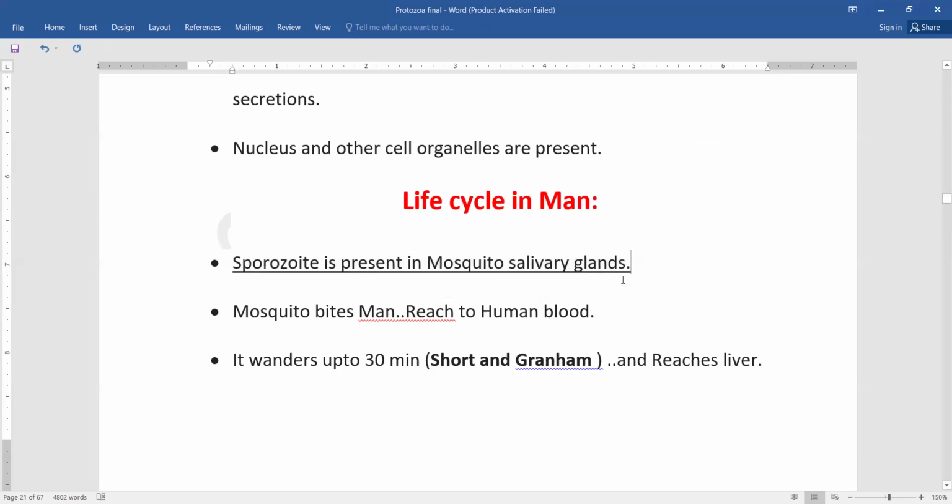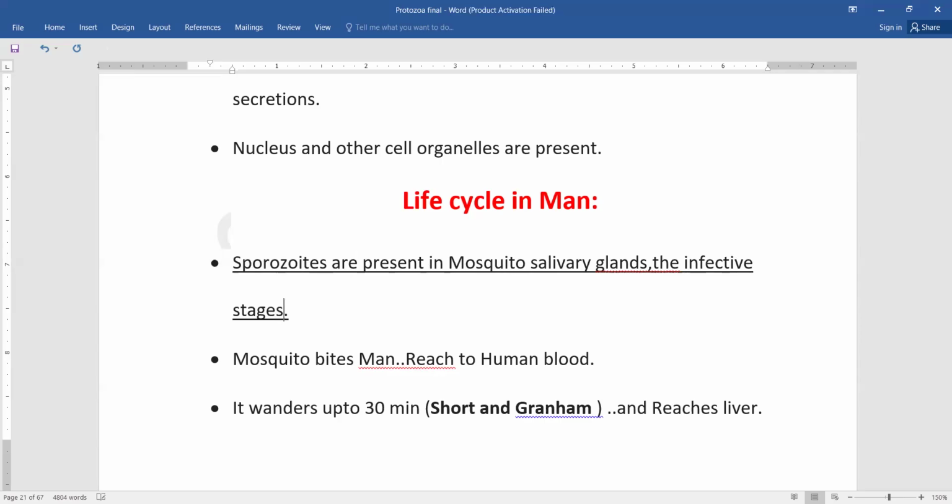Sporozoites are present in the mosquito salivary gland, which are the infective stages to man. ఓకే. సో, మనిషికి ఇన్ఫెక్టివ్ స్టేజెస్ ఏంటి ప్లాస్మోడియంలో అంటే స్పోరోజాయిట్స్. అవి ఎక్కడుంటాయి? దోమ యొక్క సాలివరీ గ్లాండ్స్‌లో ఉంటాయి.